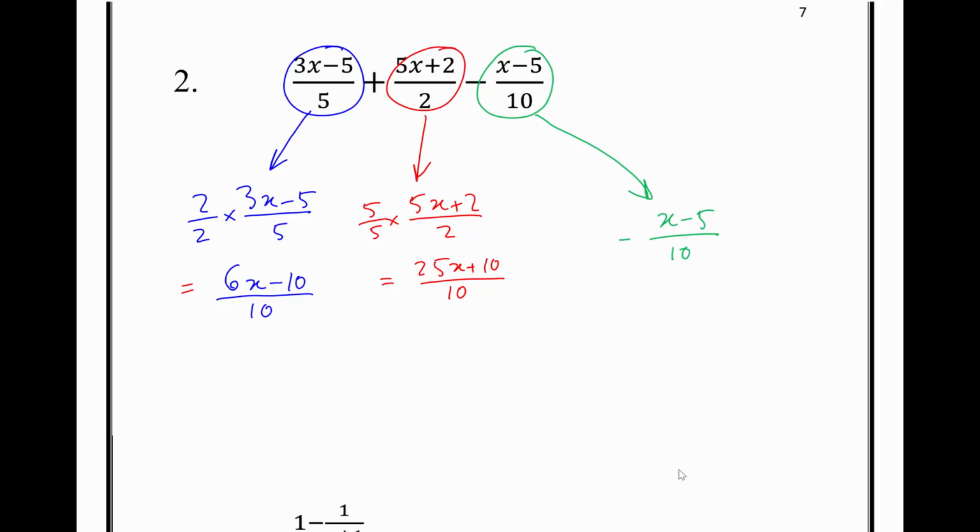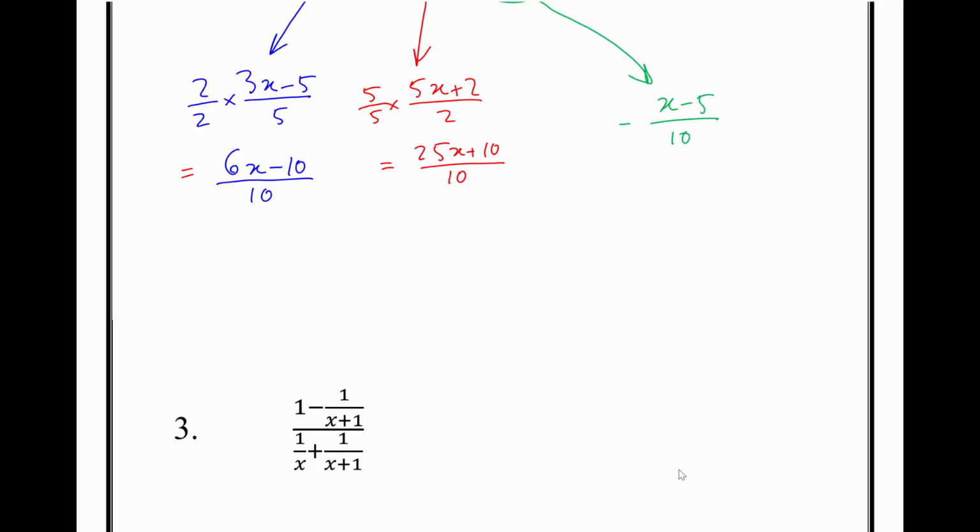Note, however, that the minus sign has to be multiplied into the numerator. So simplifying these three parts, we have 6x minus 10 plus 25x plus 10 minus x plus 5. Note that the minus 5 from the third part becomes a plus 5 because it's a minus times a minus.